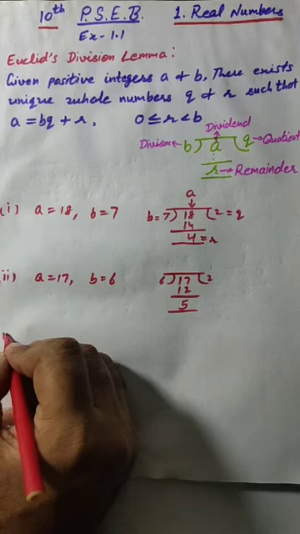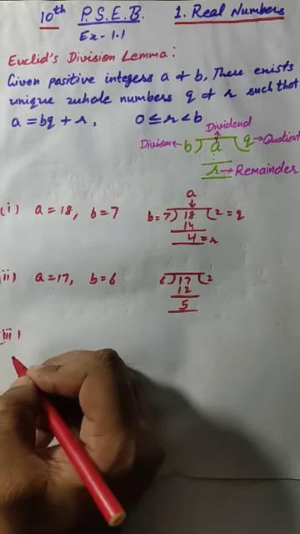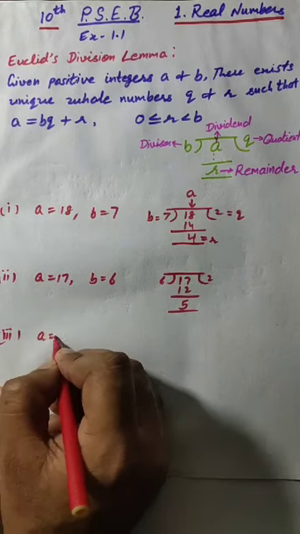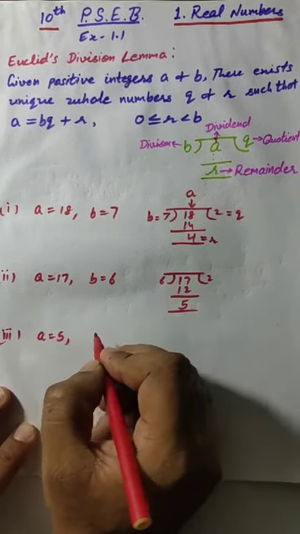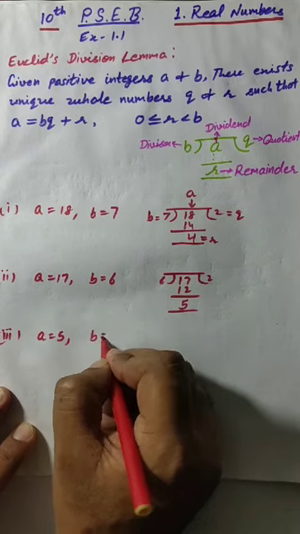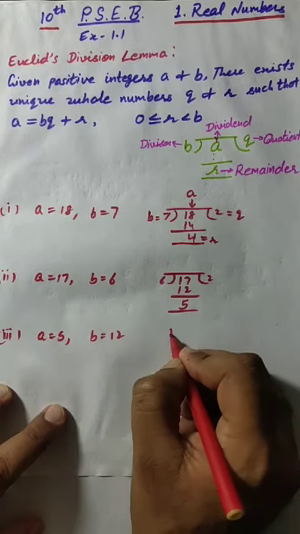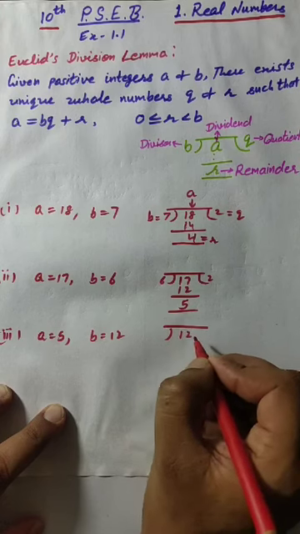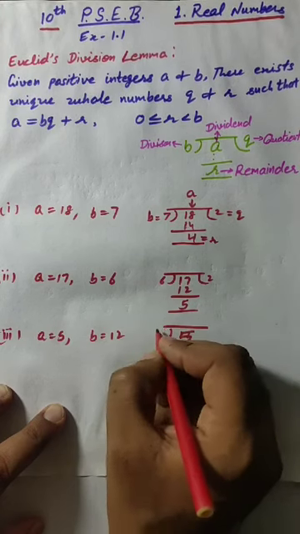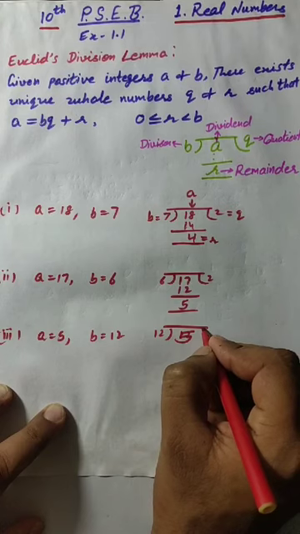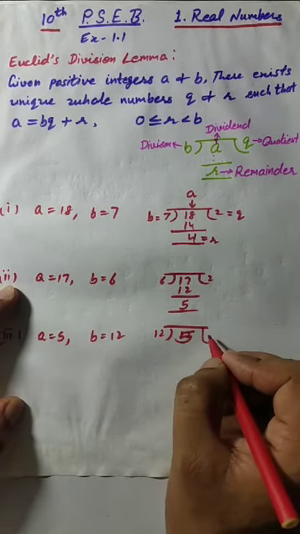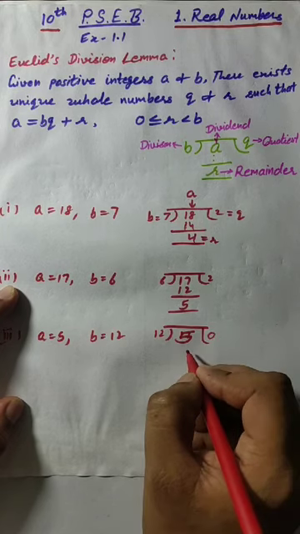Third example, where a is 5 and b is 12. As we can see here, the divisor is greater than the dividend, so we will not be able to divide this.